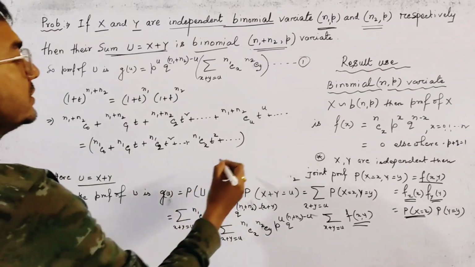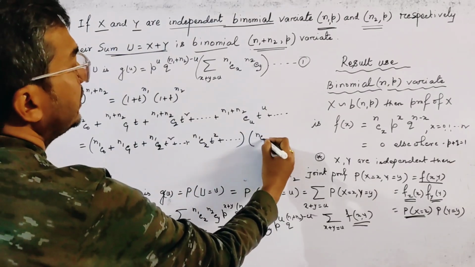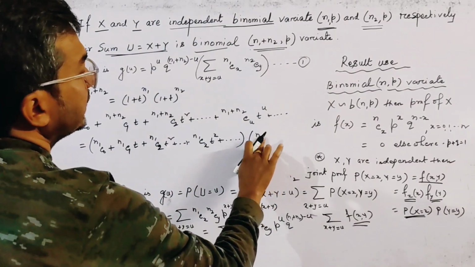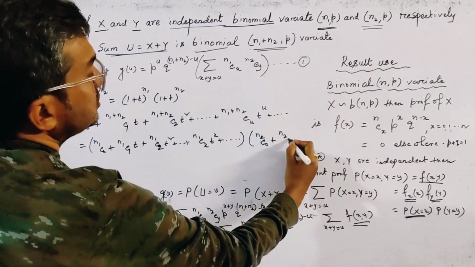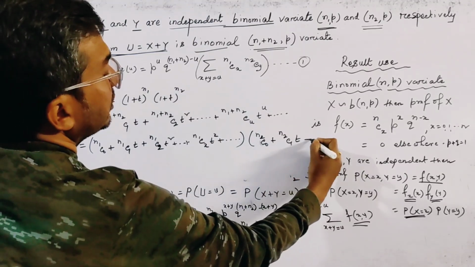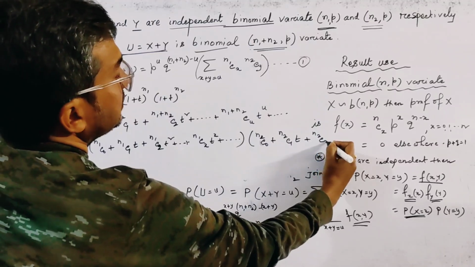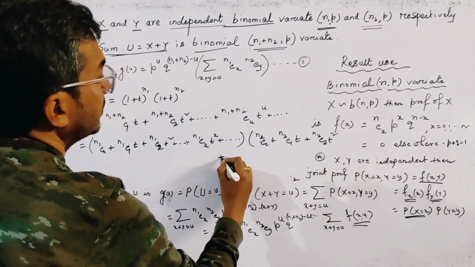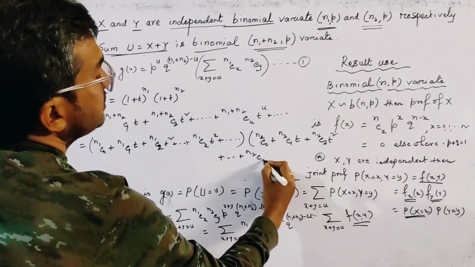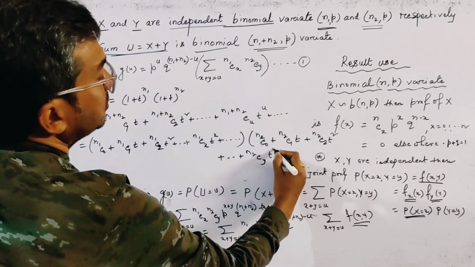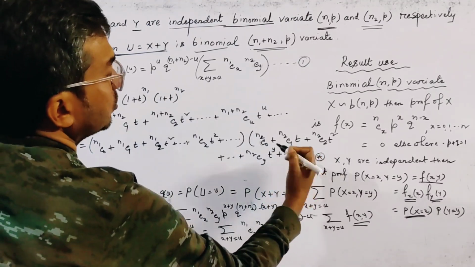And another quantity is n2 c0 plus n2 c1 into t plus n2 c2 into t square up to n2 cy into t to the power y, and so on.